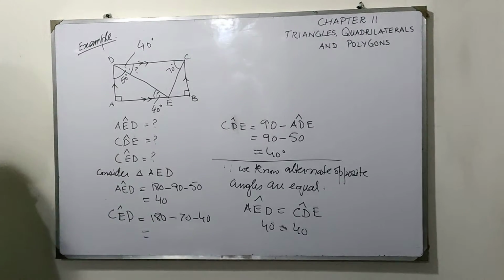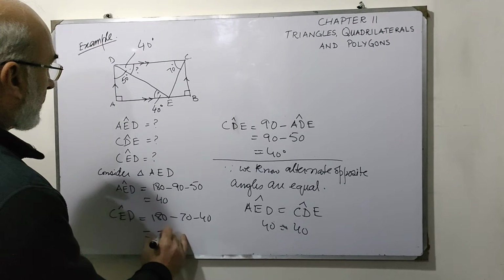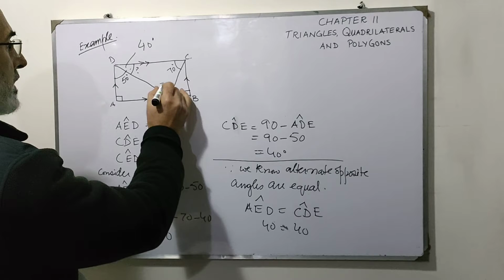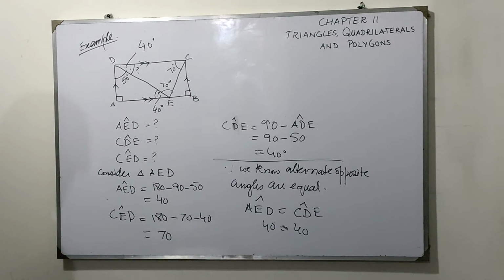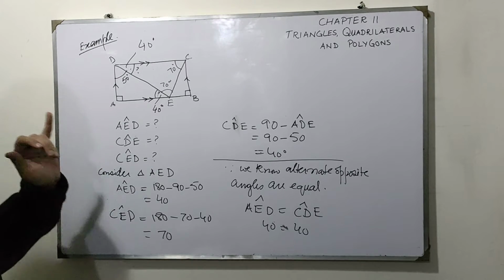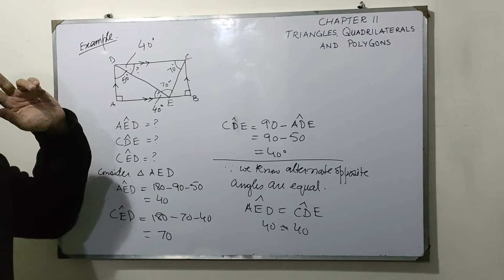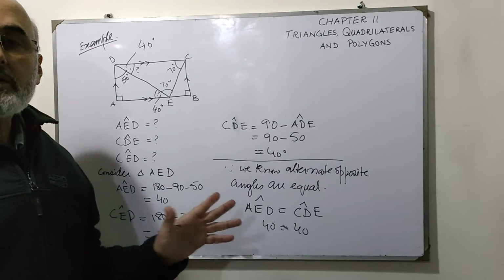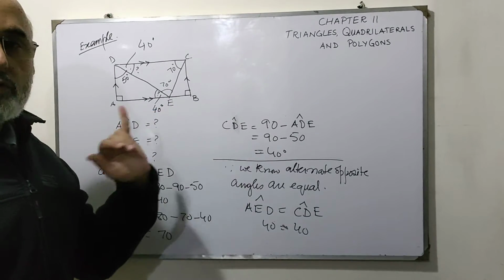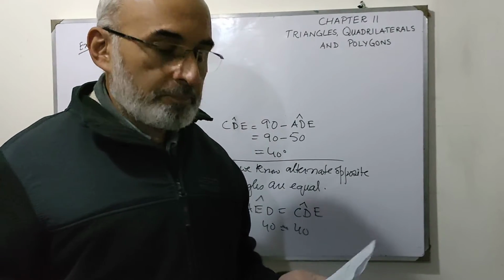So 70 plus 40 is 110, so it is 70. This angle is 70 degrees. So we now have all the angles which were supposed to be calculated, and we have used the properties of the quadrilaterals. We have used the properties learned when two parallel lines are intersected by a transversal. Okay. So let's do another example.